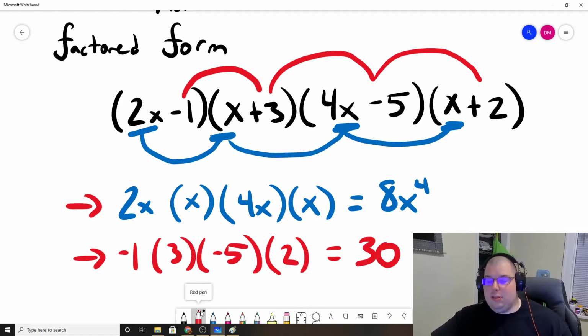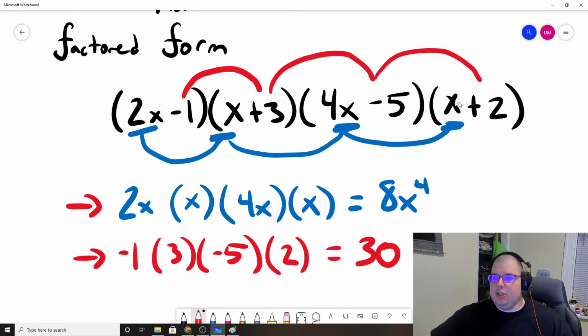With any luck, because you're given 4 choices, 2 of the choices are going to have 8x to the 4th, and another 2 are going to be +30 or -30. You're going to be able to limit your choices down pretty quickly, and it's just a simple trick of finding the leading coefficient and the constant term right from the beginning.